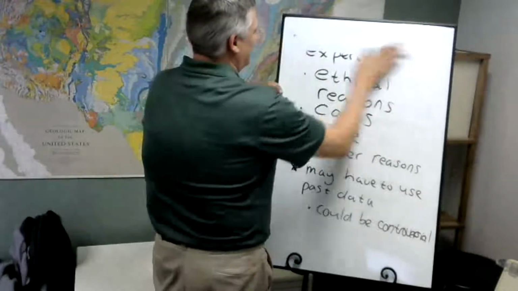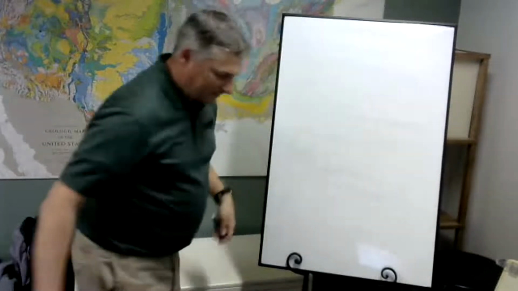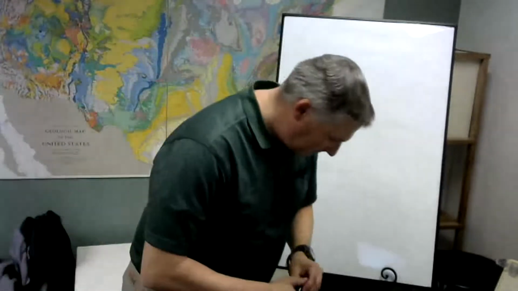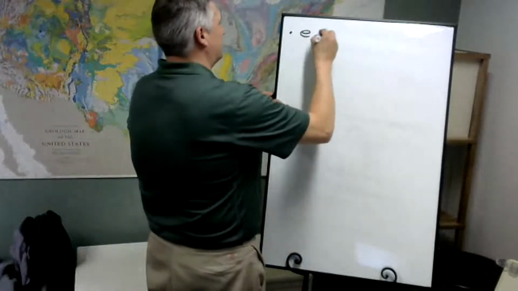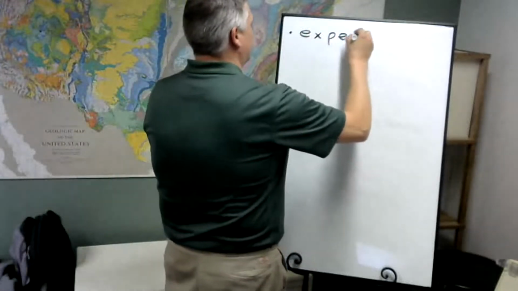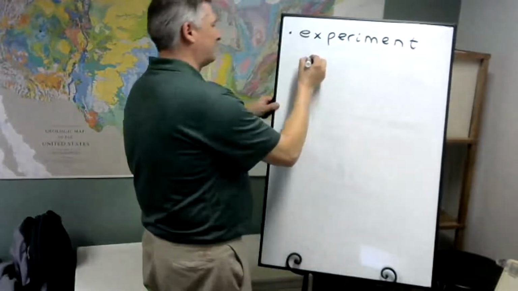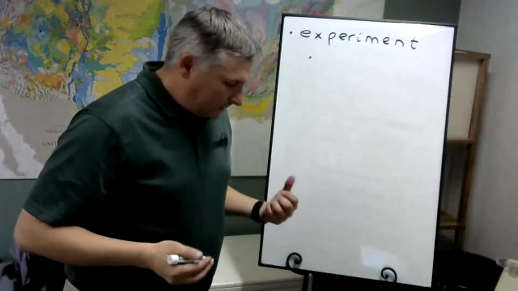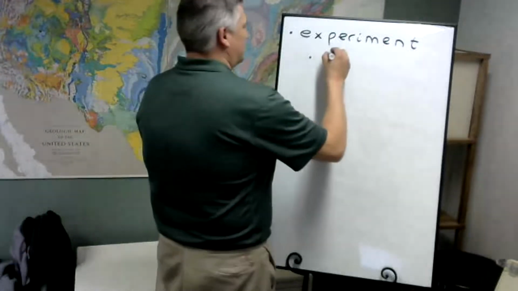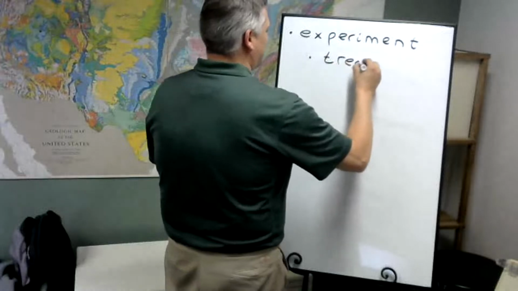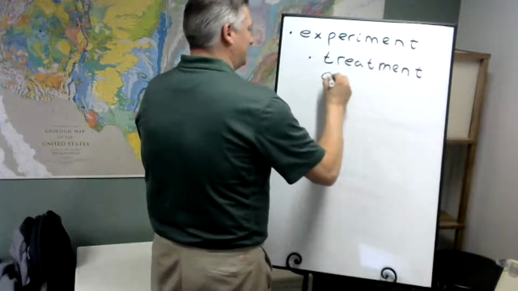So a little bit of terminology. In general, with an experiment, what we're going to do is try to see if we can change the world, basically. A treatment is applied. So this is how we're going to try to change the world.